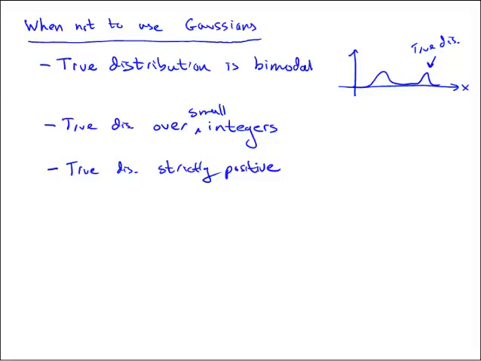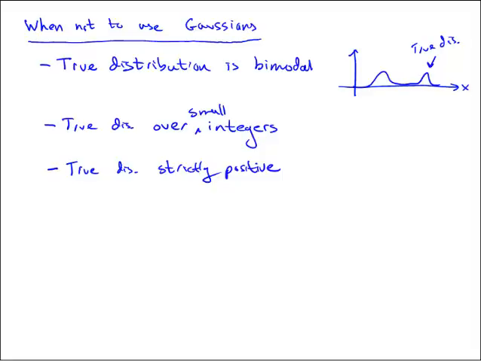However, you can occasionally fit a Gaussian to a strictly positive distribution if it's narrow enough that the probability of a negative value becomes very, very small. So, for example, if you have a neuron that fires on average 200 times a second when you present a stimulus, but it varies a little bit about that.